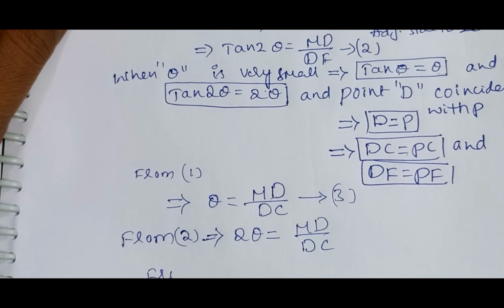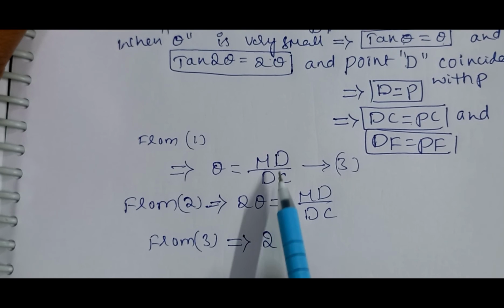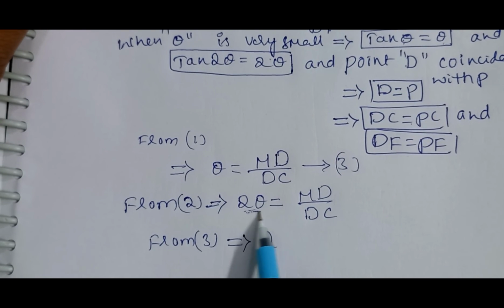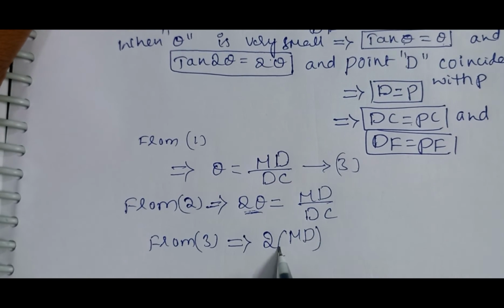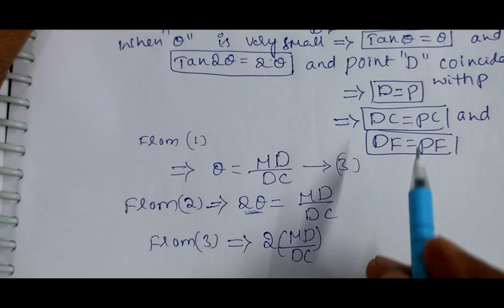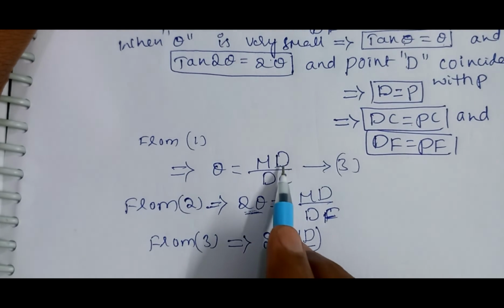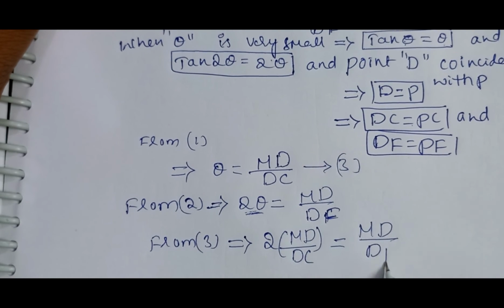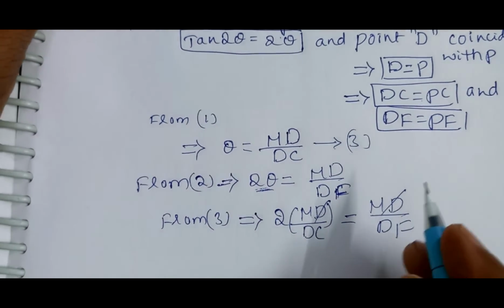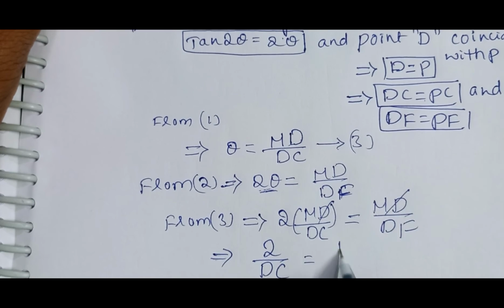From equation number 3, instead of theta we write MD by DC: 2 times MD by DC equals MD by DF. MD cancels. This implies 2 by DC equals 1 by DF.